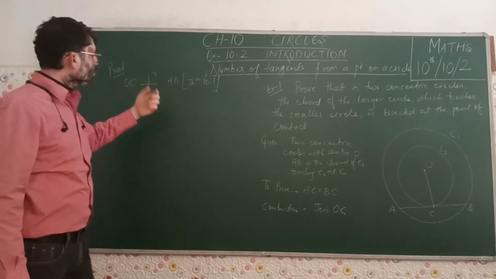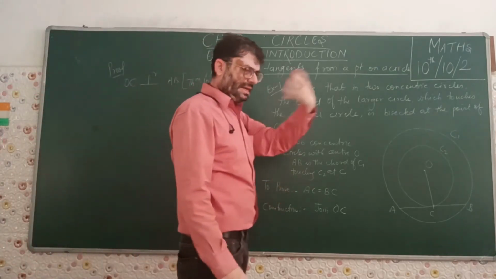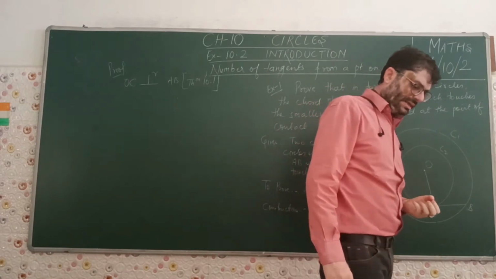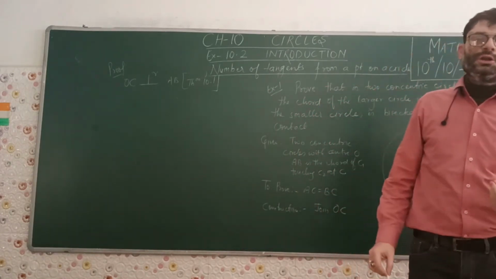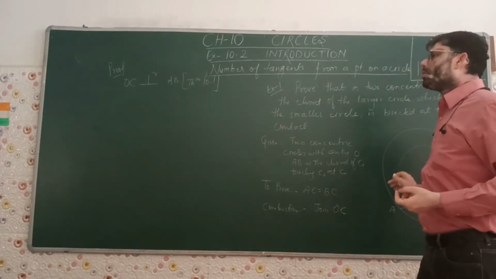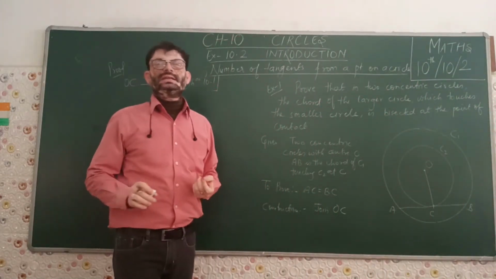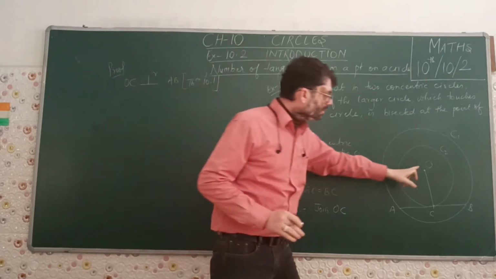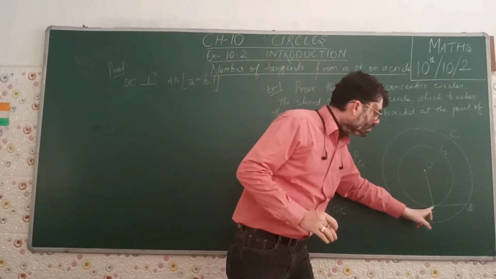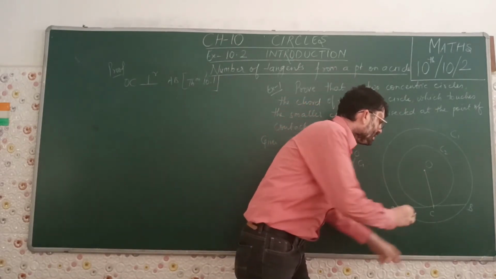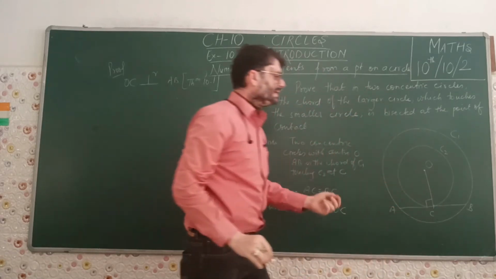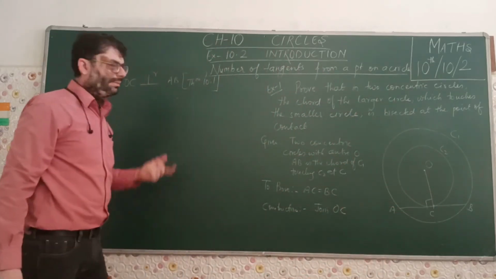Now as soon as OC is perpendicular to AB, in class 9 we have studied that a perpendicular drawn from the center to the chord bisects the chord. So we can directly say that AC is equal to BC.